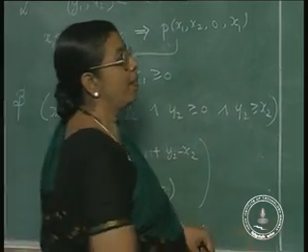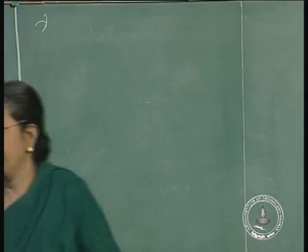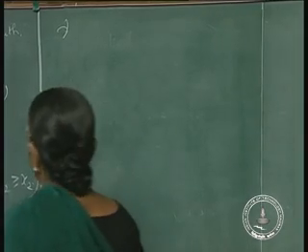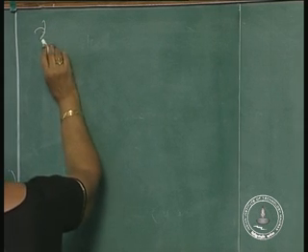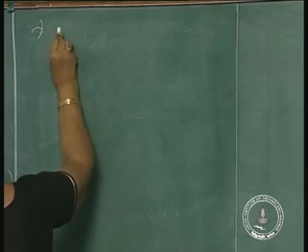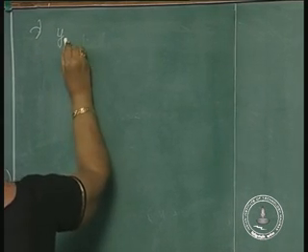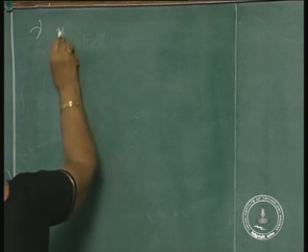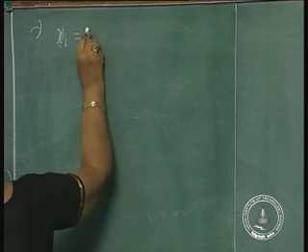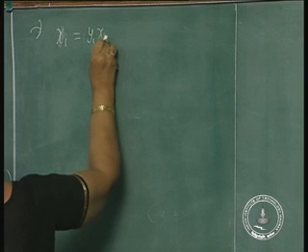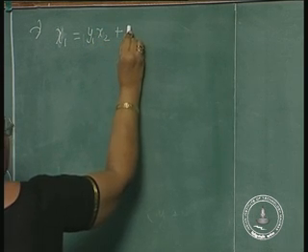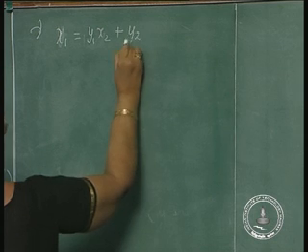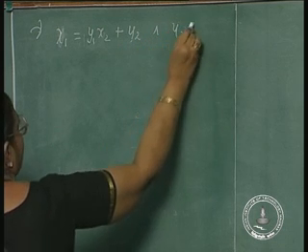Now, consider the path gamma, which is from B to C. And here when you start, what is the condition that is satisfied at the point B? x1 is equal to y1 x2 plus y2 and y2 greater than or equal to 0.